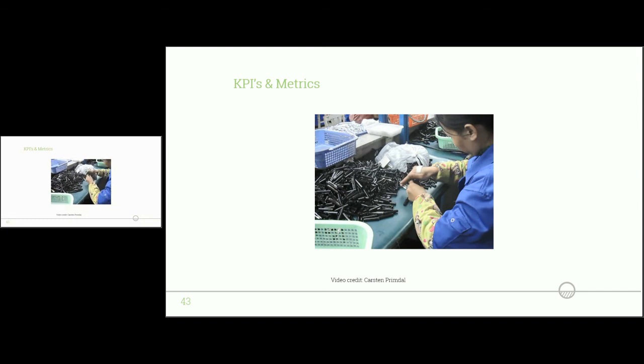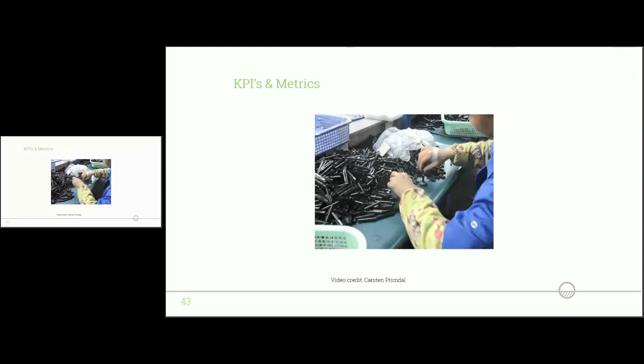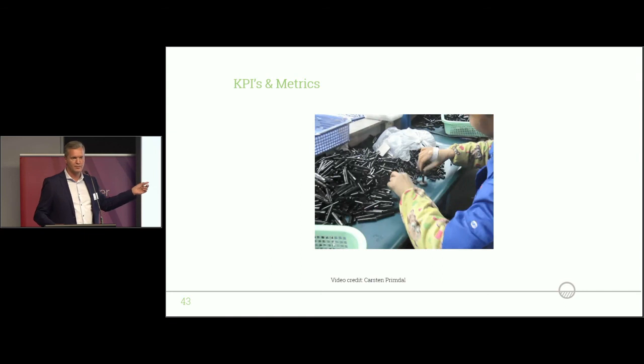So this is a pen factory. If any of you have a plastic pen, you might have it from this factory. It's the largest pen factory in the world. And this lady is putting the pens together. I don't know if anybody counted, but she hammered 19 pieces in that time. It's 20 seconds.